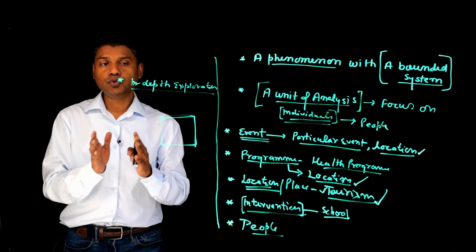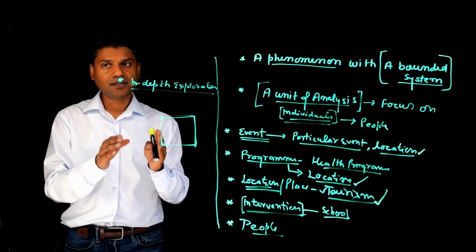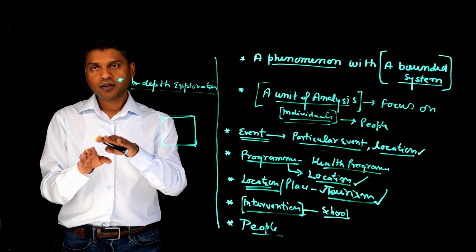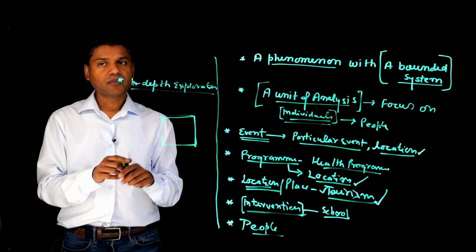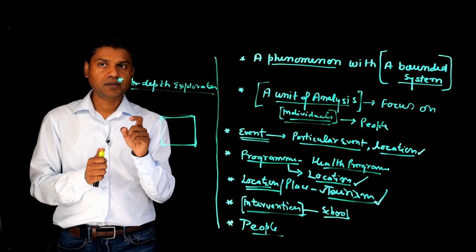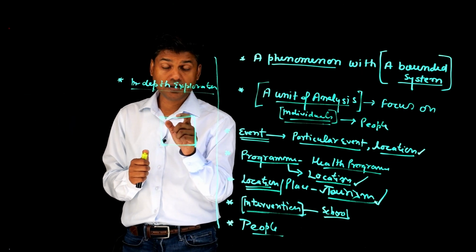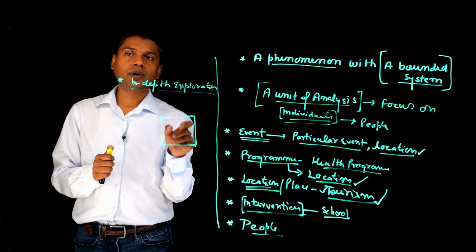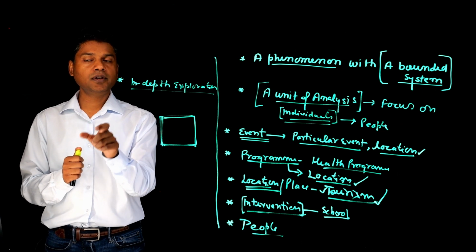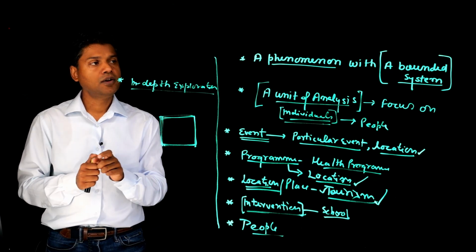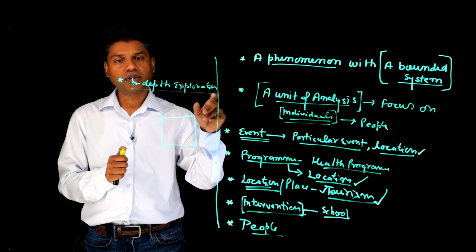I can also do multiple individuals. In this case, I can compare between participants. Since the unit of analysis here is very limited, it provides an opportunity to go deeper into the phenomenon that I'm trying to explore.